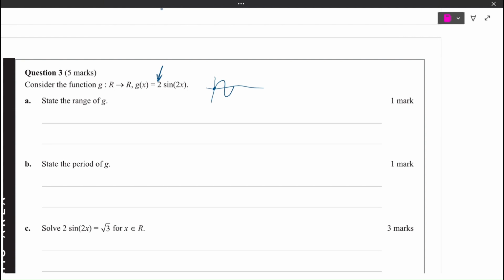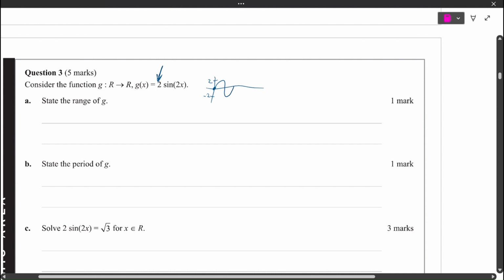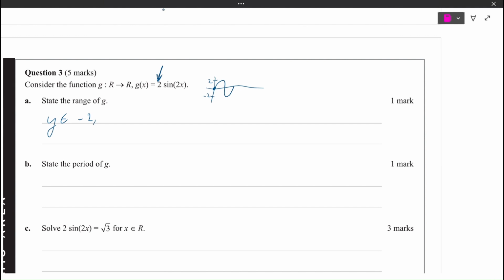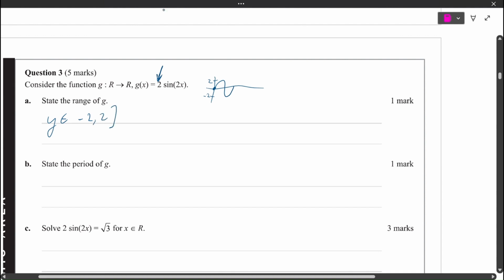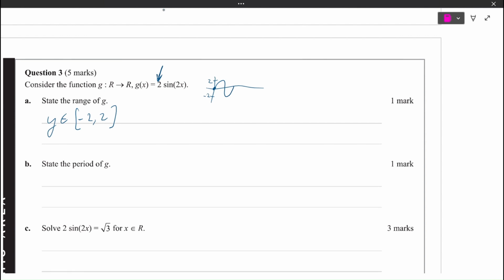So therefore the range is from negative 2 to 2. And we can write this by saying that y is an element of [-2, 2] with square brackets, as it is inclusive, as the y value can be either of these values.